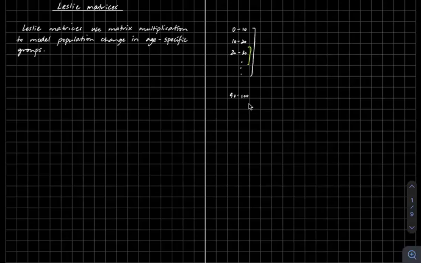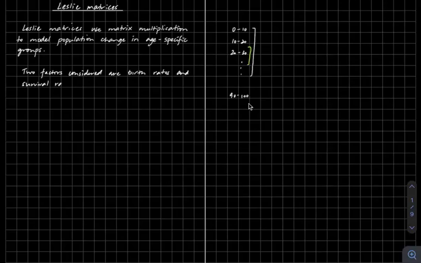So it's people between the ages of 20 and 40 who are contributing most to adding to the number in the population. So the two factors which are considered are birth rates and survival rates.